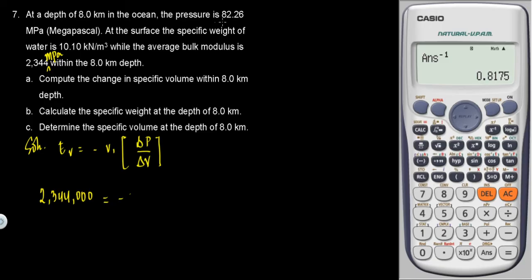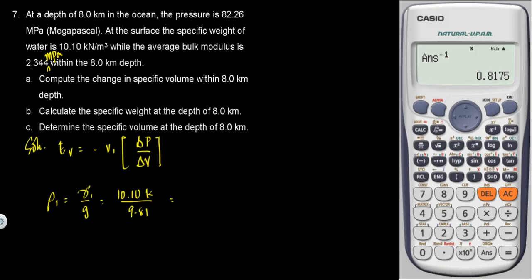How do we get it? Let's use the surface, where the specific weight is 10.10. We need rho sub 1, which is gamma over g, or 10.10 kilo over 9.81.